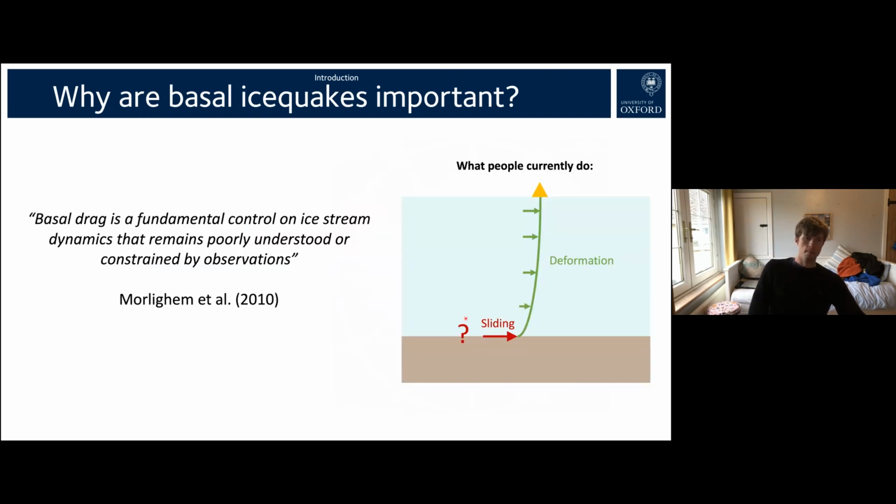However, and this is a statement I really like from a paper from about a decade ago now, basal drag is a fundamental control on ice stream dynamics, as we just stated, but it remains really poorly understood and constrained by observations.